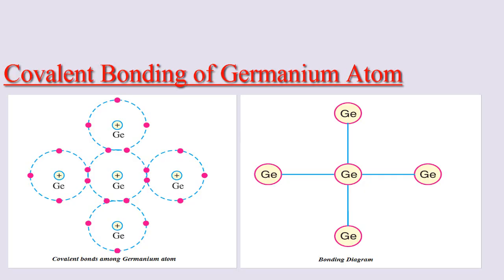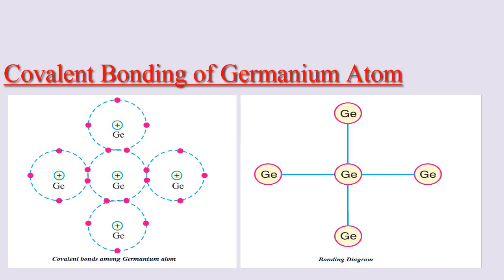Figure shows the covalent bonds among germanium atoms. A germanium atom has 4 valence electrons. It is the tendency of each germanium atom to have 8 electrons in the last orbit. To do so, each germanium atom positions itself between 4 other germanium atoms as shown in the first figure.